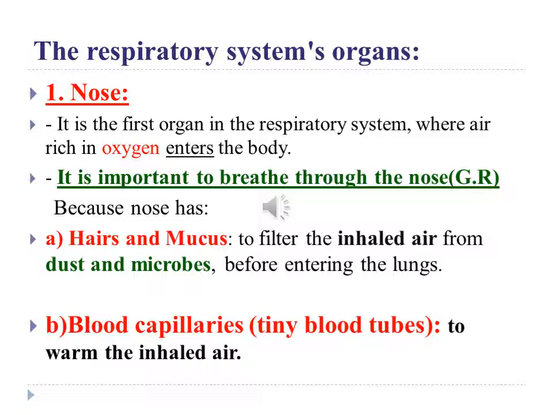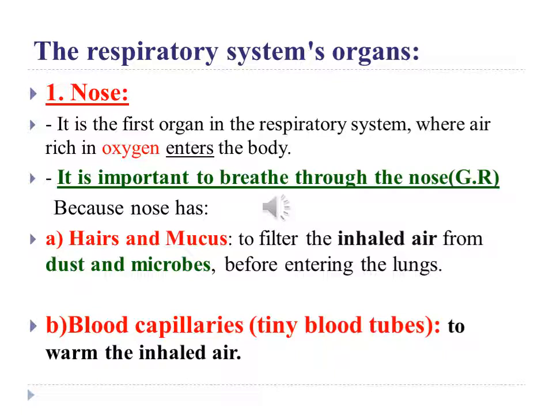The respiratory system's organs. First, the nose, where the air rich in oxygen enters the body or the two lungs. So it's important to breathe through the nose. Why? Give reason. Because my nose has hairs and mucus.